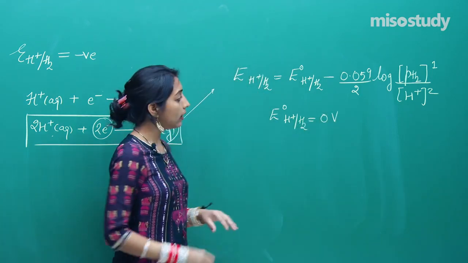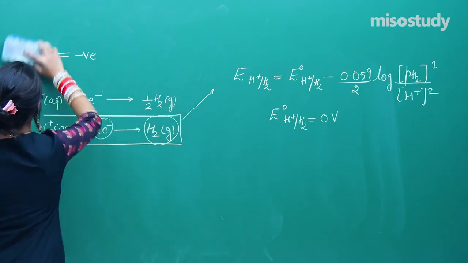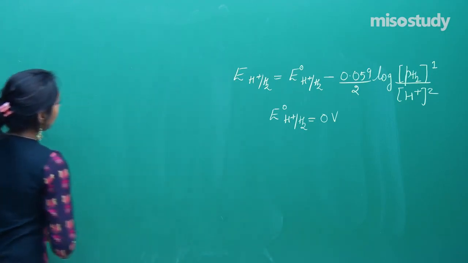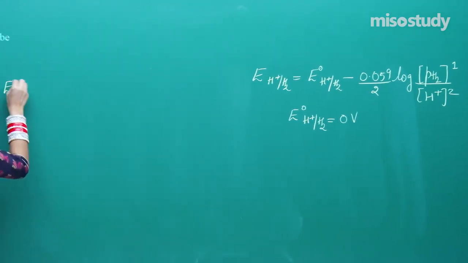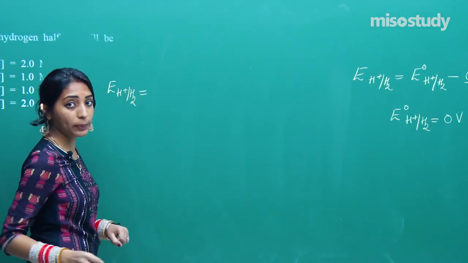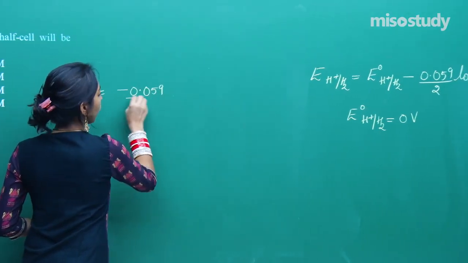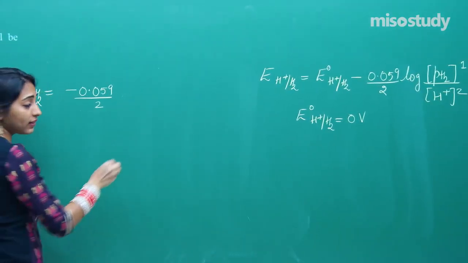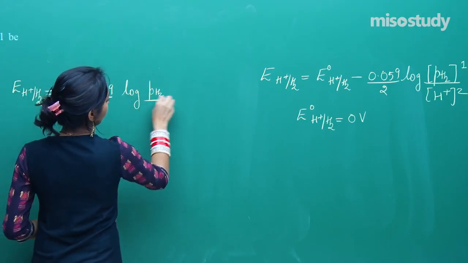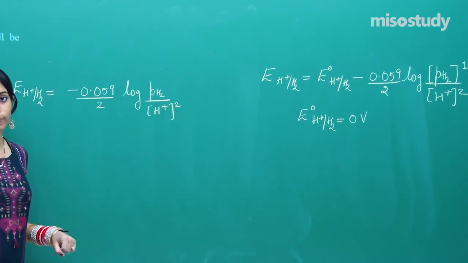So 0 volts. So what will I be getting? I don't need this. So I can simply write E of H plus to H2 will be minus 0.059 by 2, right, log of pressure of hydrogen divided by concentration of H plus raised to the power 2.